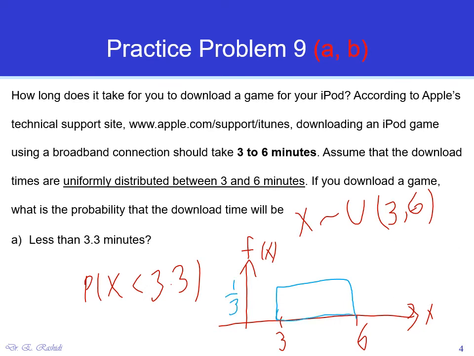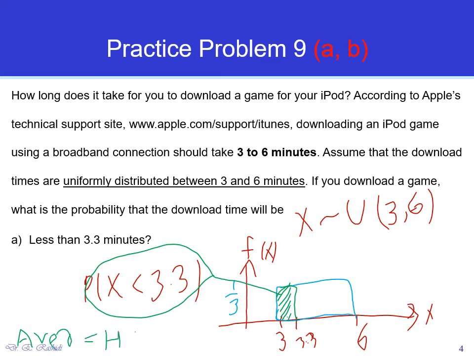What we are looking for is the probability that x is less than 3.3. Suppose 3.3 is here. So basically we are looking to find the area, the shaded green area here. This would be the probability that x is less than 3.3. The area is height multiplied by base.